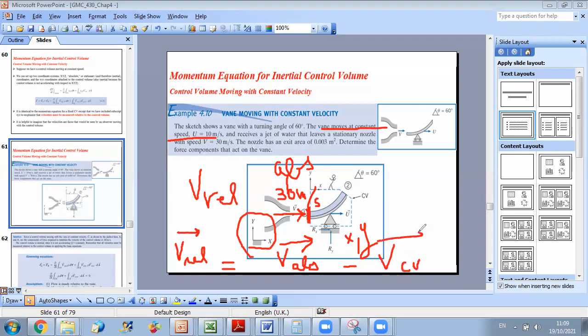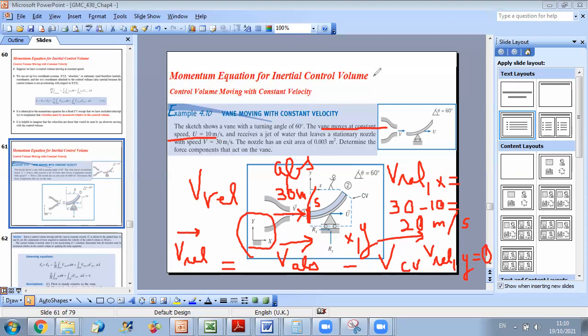Okay. هلا هيدي vectorial relation بس على الانلت هن collinear. يعني the velocity at the inlet is along x-axis. So V relative 1 has only an x component and is equal to 30 minus 10 equals to 20 meters per second. بينما V relative 1 على y is 0. So we are done with the relative velocity على inlet.